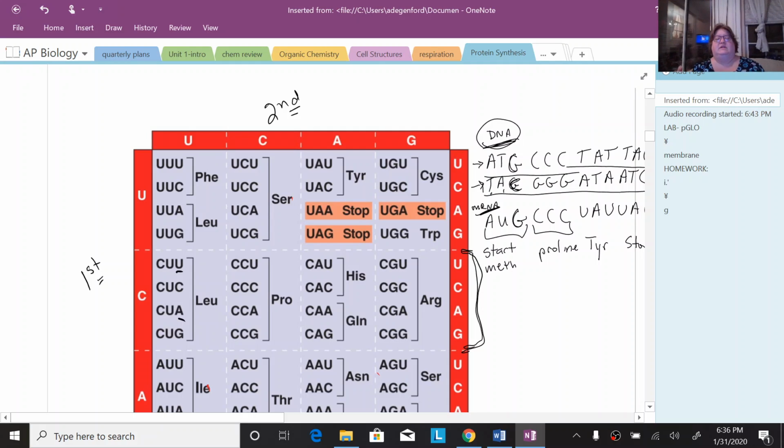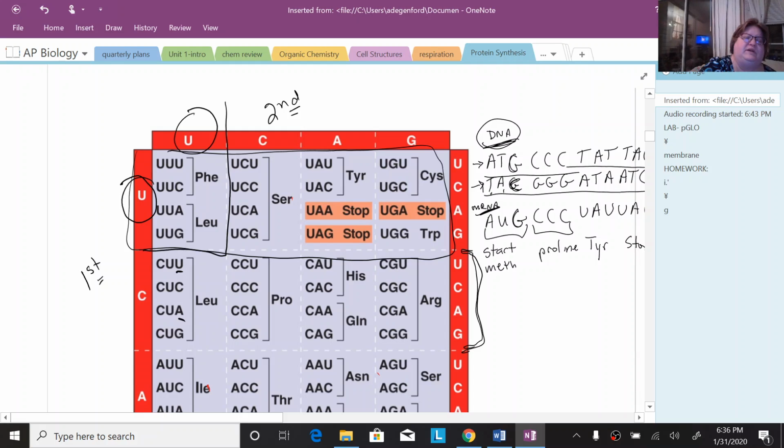So let's go with UUU. You start with U, and that means it's anywhere in this row. And then the second letter, U, and you go down. And so now it's this little square.